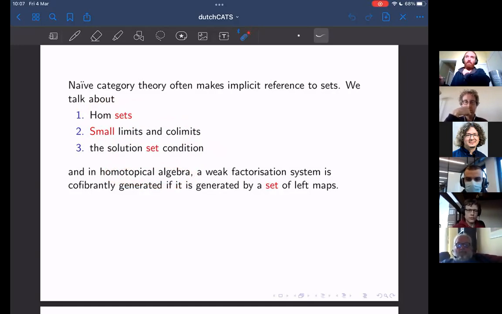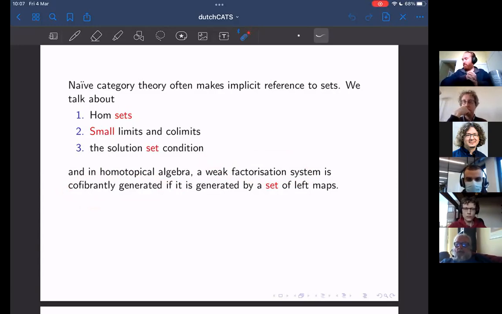where we have these things called weak factorization systems, and some of these weak factorization systems have the property of being cofibrantly generated. Cofibrantly generated is something else which makes reference to sets.